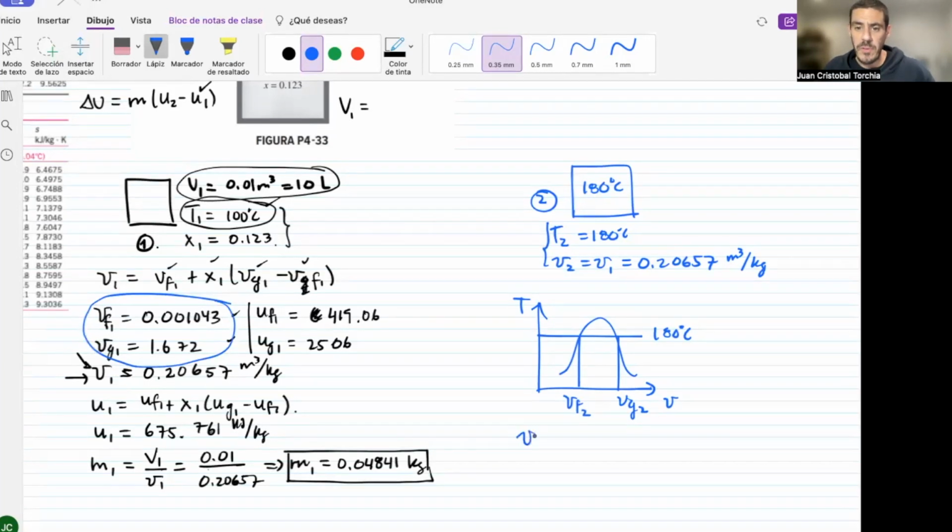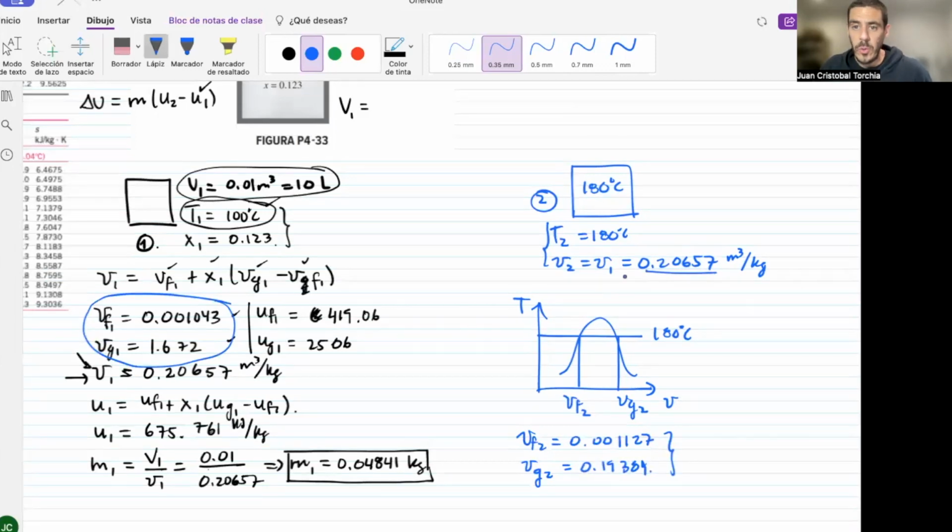Now for the Vf2, I have here that at 180 degrees Celsius, I have 0.001127. Meanwhile, Vg2 equals 0.19384. Okay, so with this, you can check where you are.